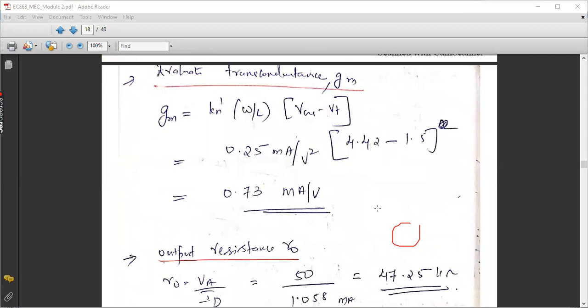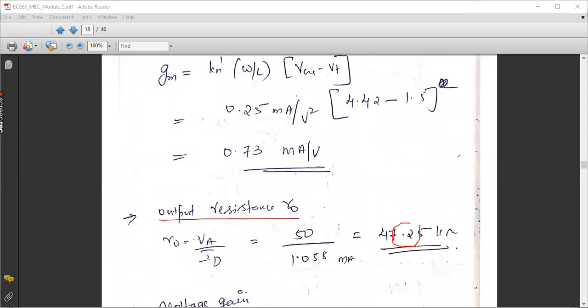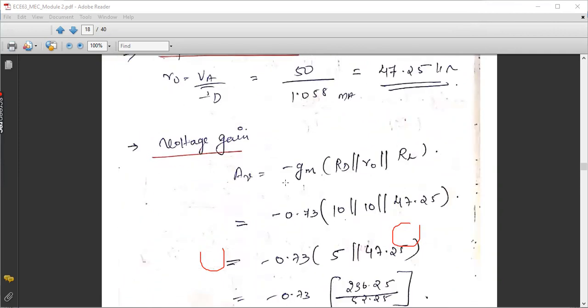For finding output resistance only we have gone with ID. Early voltage by ID you will get R0. After finding R0 and GM, then you can go with this equation.